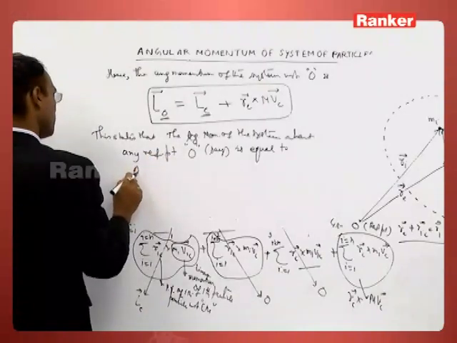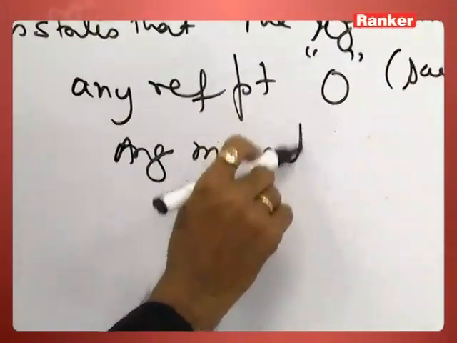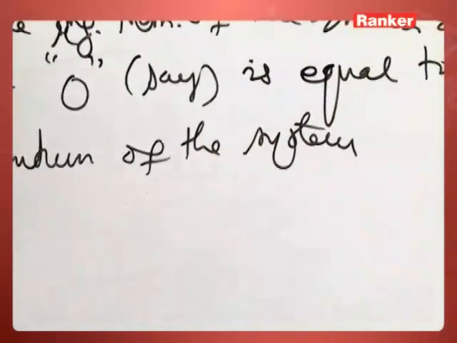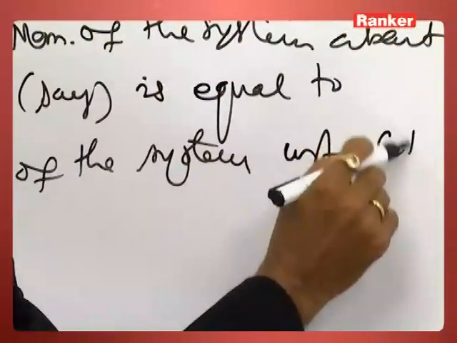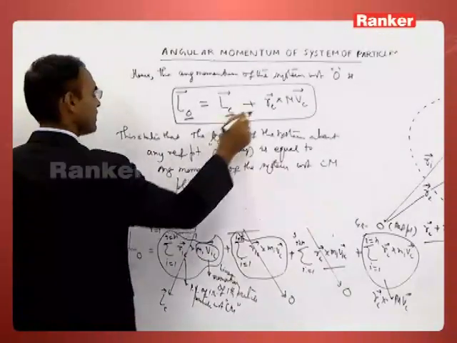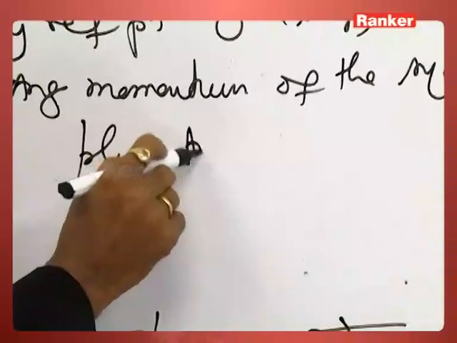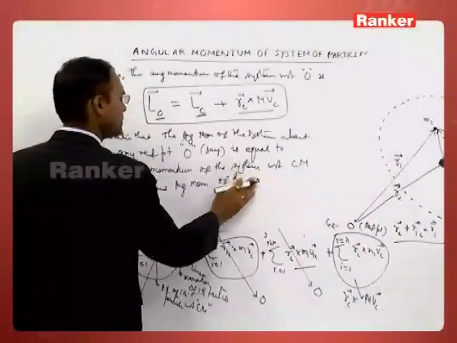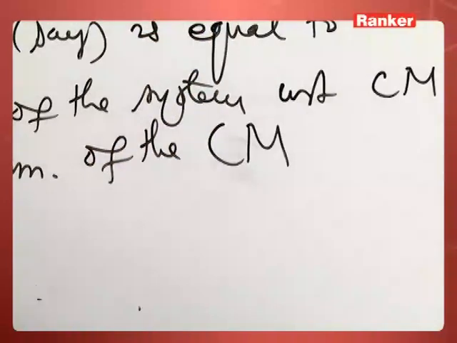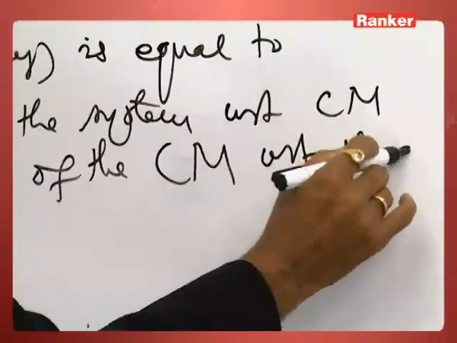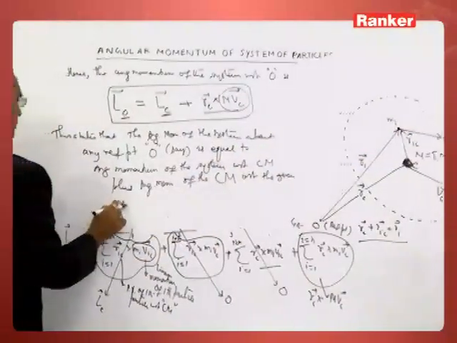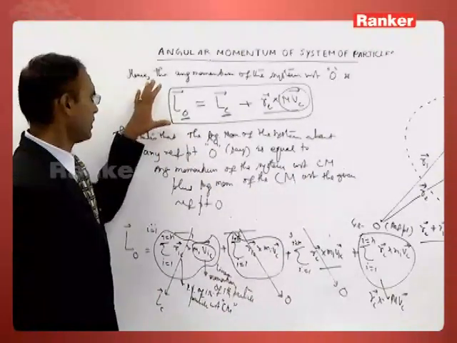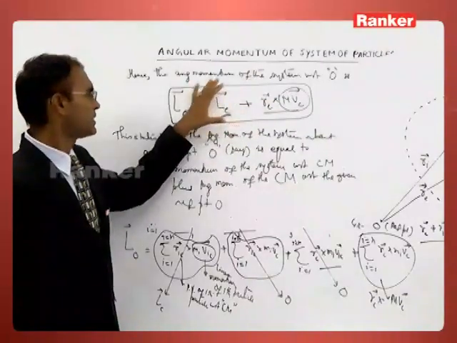angular momentum of the system with respect to center of mass plus angular momentum of the center of mass with respect to the given reference point O. In words you can write like that, and as a formula mathematically we can state in this way.